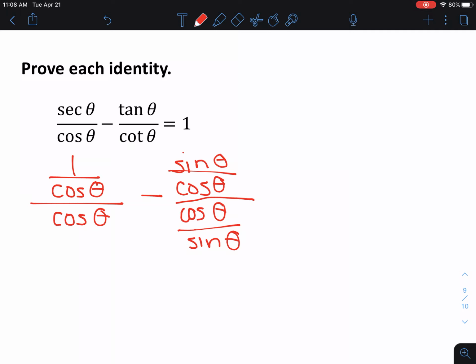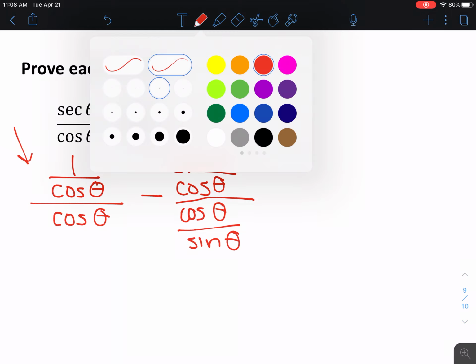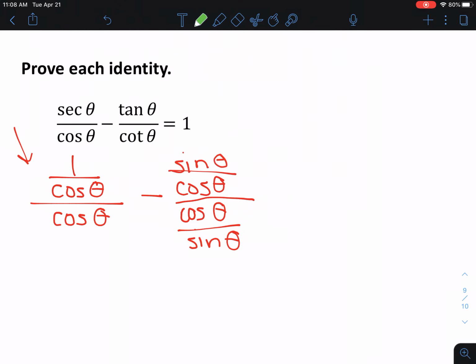Well, first of all, let's take a look at this first fraction and deal with it individually first. So I'm going to do some work up here. If I have 1 over cosine theta divided by cosine theta, that's the same as multiplying by the reciprocal.